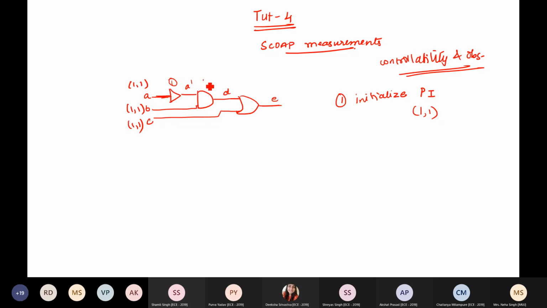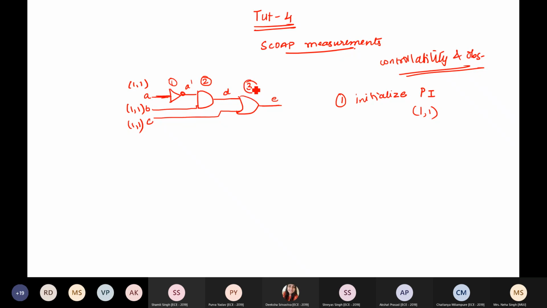Level 2 will be the logic gates which take the input from level 1. So here I have the NOT gate at level 1. The output of this NOT gate is given as input to the AND gate. So AND gate is referred to work at level 2 or depth 2. Then I have level 3.